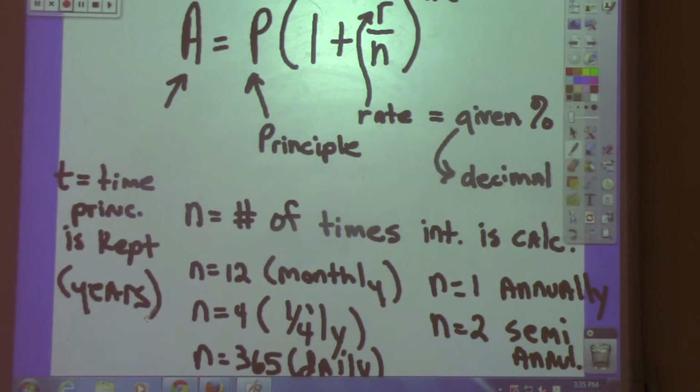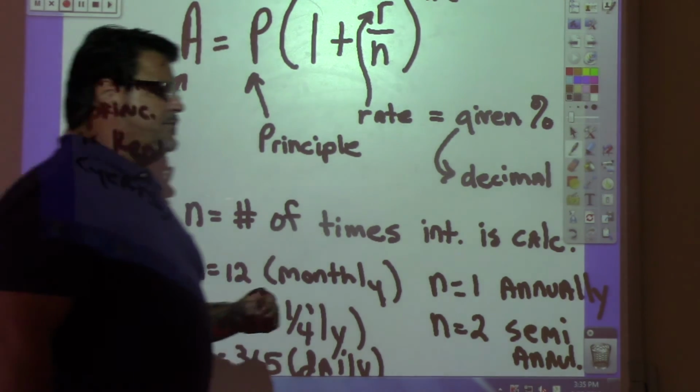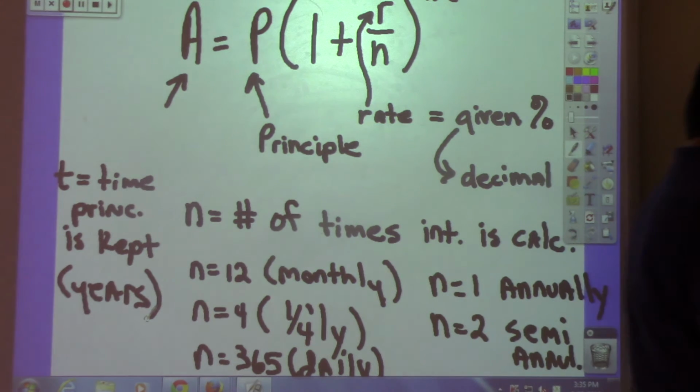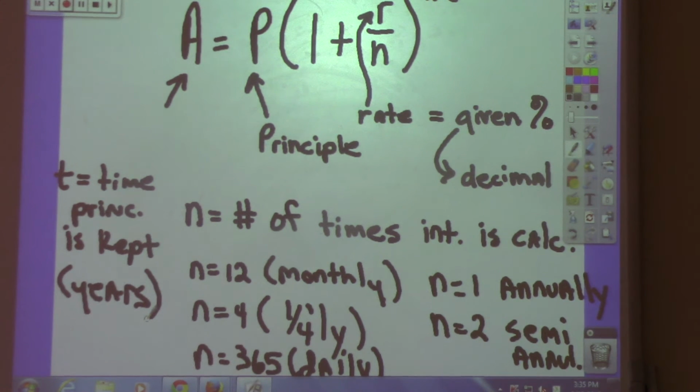There are tests that will say you keep your money in the savings account for 6 months, compounded monthly. So N would be 12 and T would be 0.5, or 1/2, because you kept it in the bank for half a year.